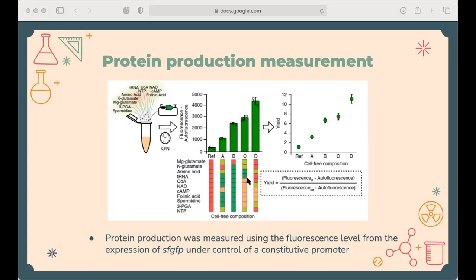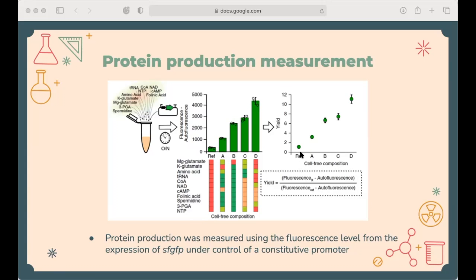In the middle column of the figure, it shows 5 different compositions and the corresponding fluorescence level. For example, the reference has all chemicals at the highest concentrations, and it has the lowest fluorescence level, which means the lowest protein production. On the right-hand side of the figure, there is a plot of yield versus composition.